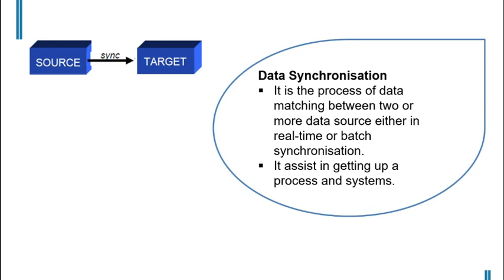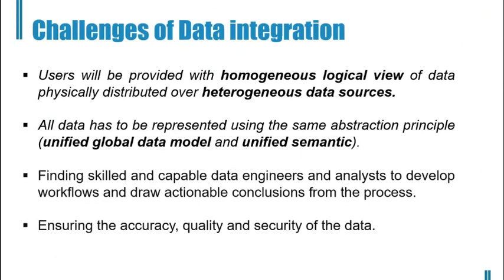This would happen in real time. This is one option. Second option, every 2 weeks, the microfinance institution or the bank would allow batch synchronization and upload the relevant data and integrate them. So this is another level of data integration.